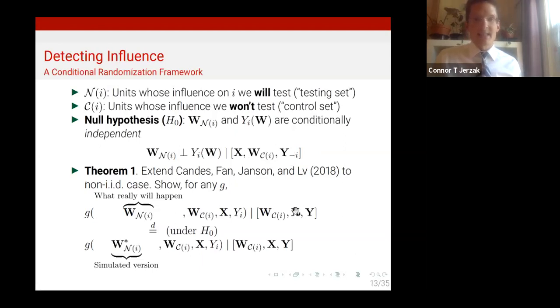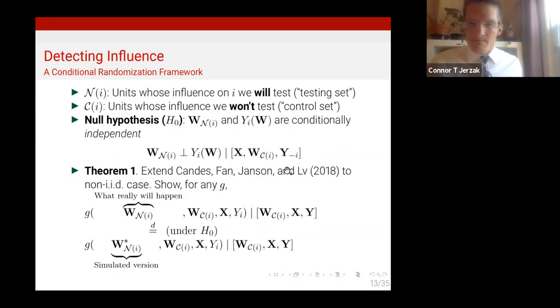So the test statistic that we're working with here is specific to observation I, and we can show, using the resampling framework, that we can actually use the data from these observations in order to test this null hypothesis of independence here. Does that address your question?